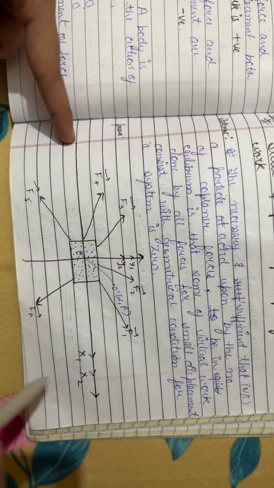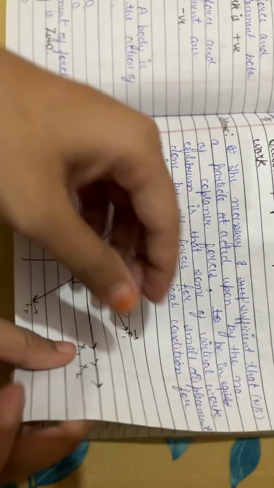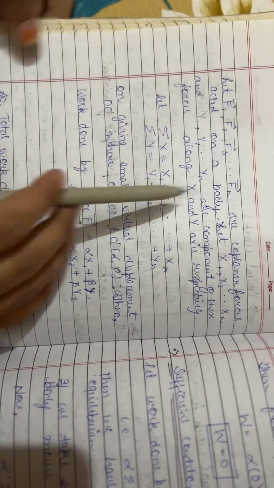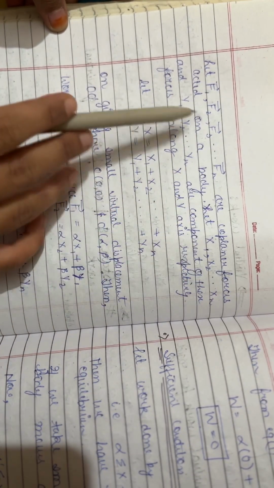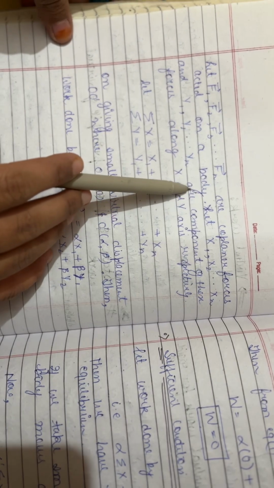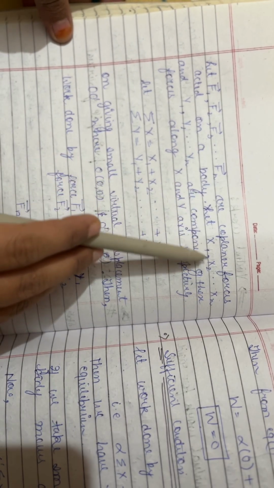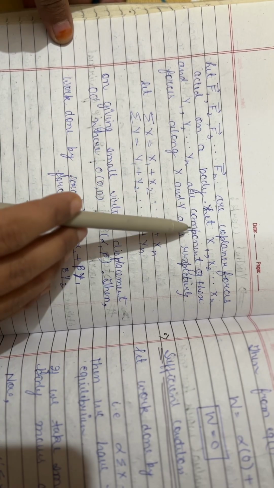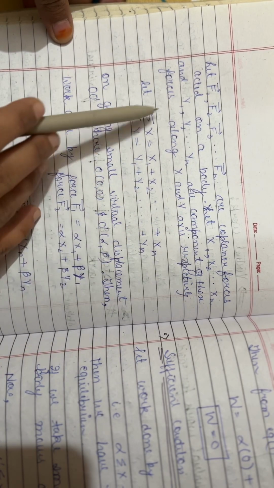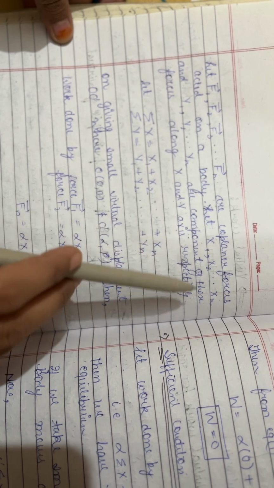Now we have taken so many forces and we will move towards the equation. Let F1, F2, F3 till Fn be coplanar forces acting on a body, as we have seen earlier in the diagram. Let x1, x2, xn and y1, y2, yn be the components of these forces along the x and y axes respectively.